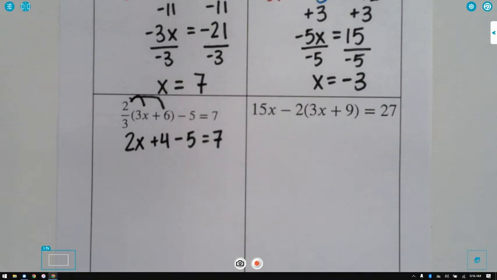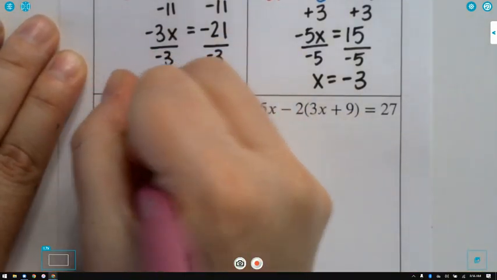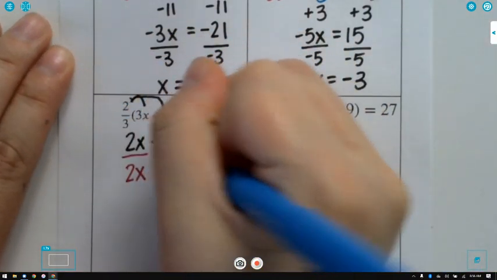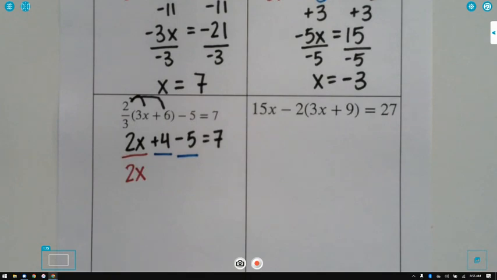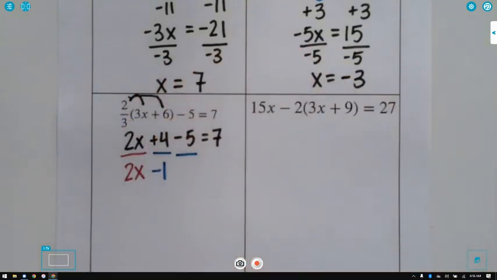Okay, from there, we have things that we can combine. We don't have 4 things, though. On the first 2 problems, we had 2 x's and 2 constants. This one, the 2x has no one to combine with, so it will just stay by itself. And then the 4 and the minus 5 can combine together. 4 minus 5 is negative 1. And then that is still equal to 7.